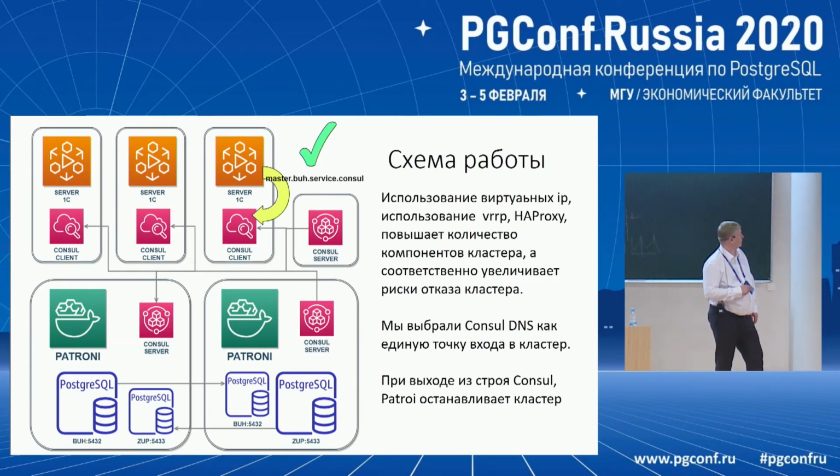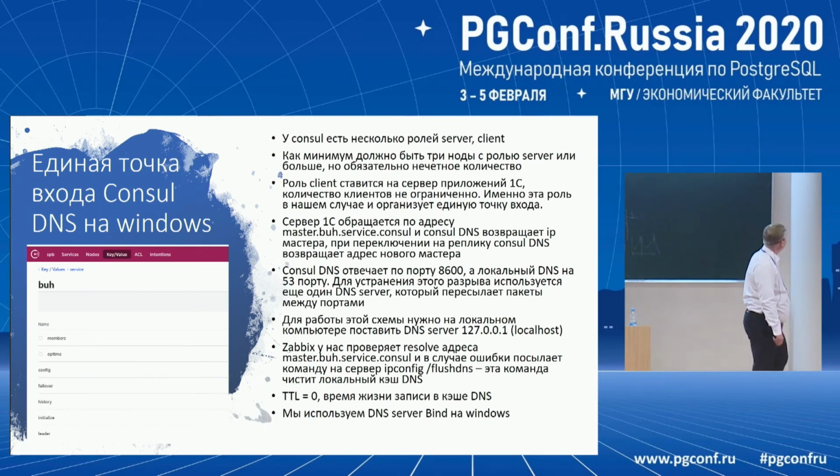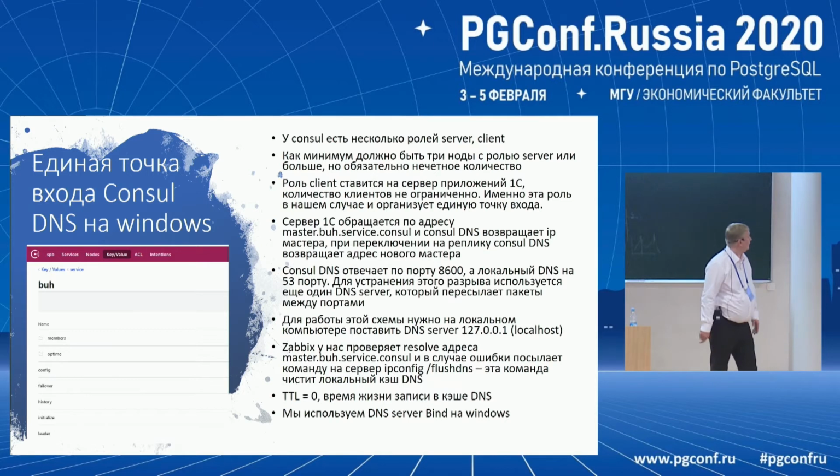So one of the Consul servers is placed on the application server. So if one node fails, we have 2 Consul servers, and they help us continue the operation. On 1C servers, we have DNS, Consul client, with a role.